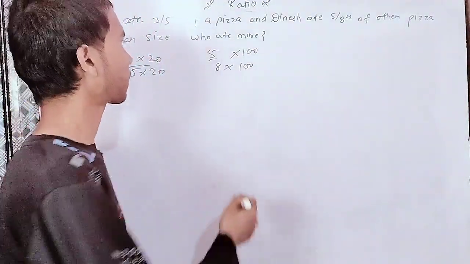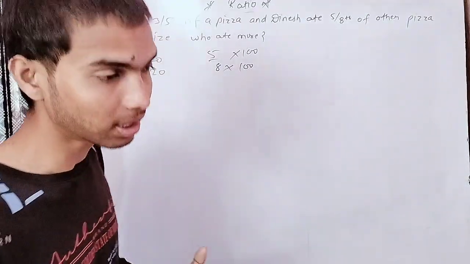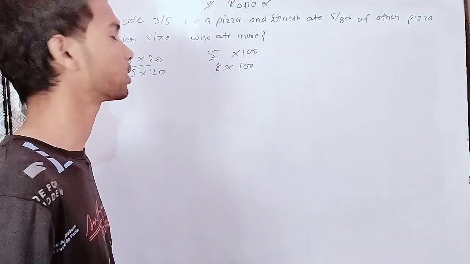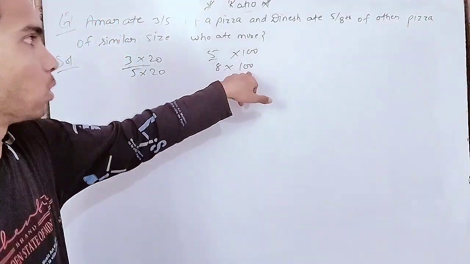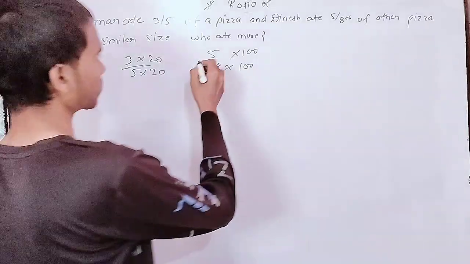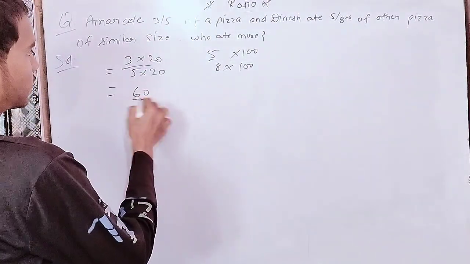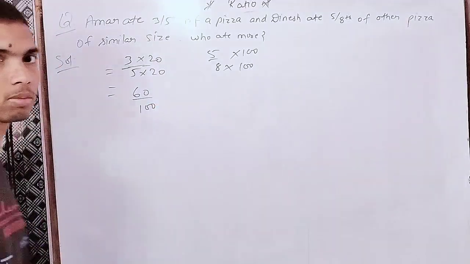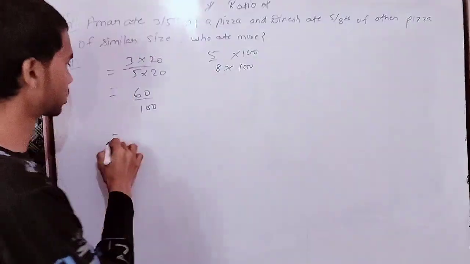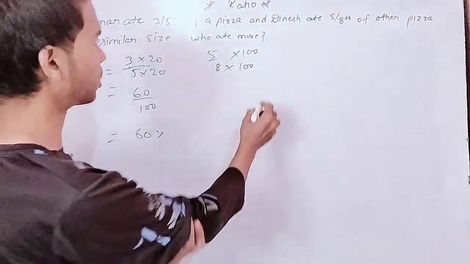And in the end, after simplifying, in the final step, we will use this 4%. Now, let's see. 60 upon 100. And this is 60%.